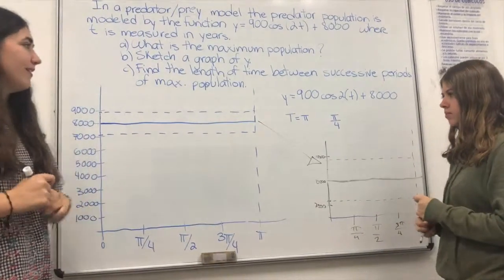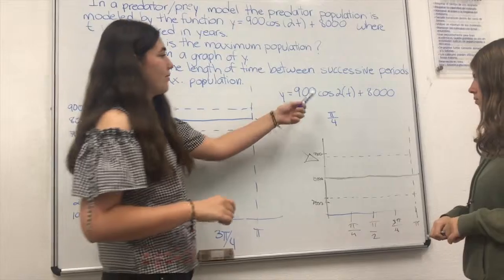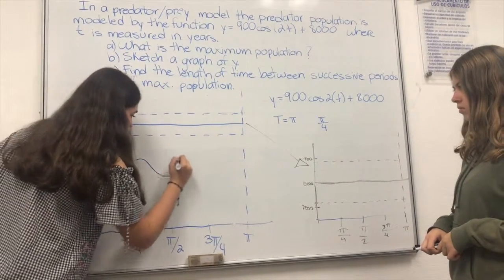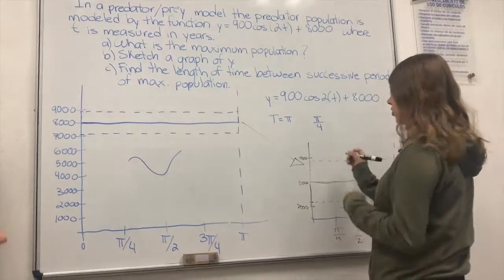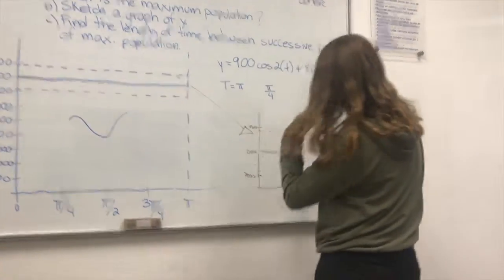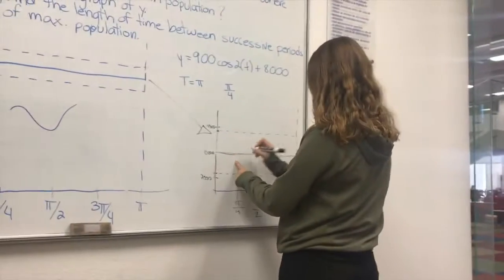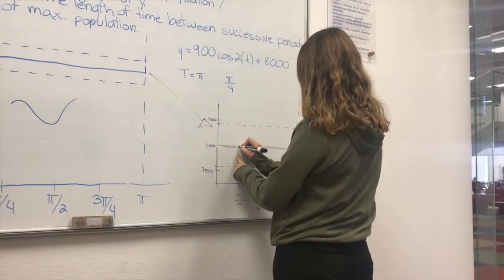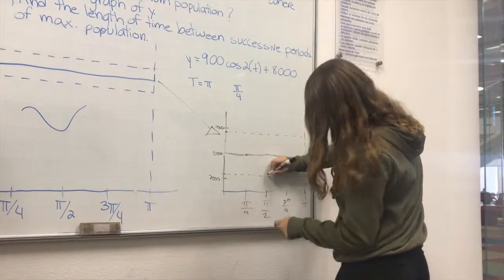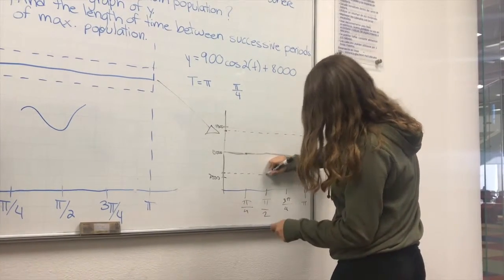As you remember, the graph of cosine, when it is positive, has this shape. So the first point is going to be here. The next one will go here. This is the maximum point. The lowest point will go on pi over 2.